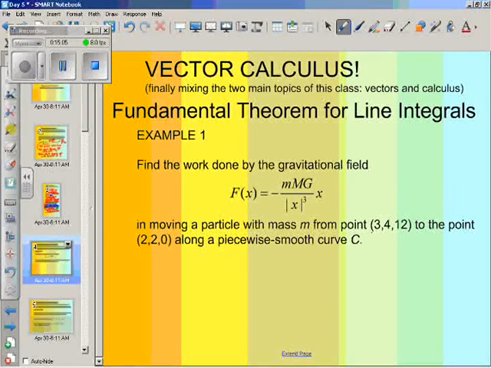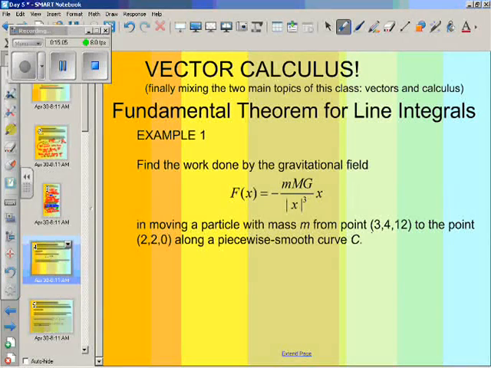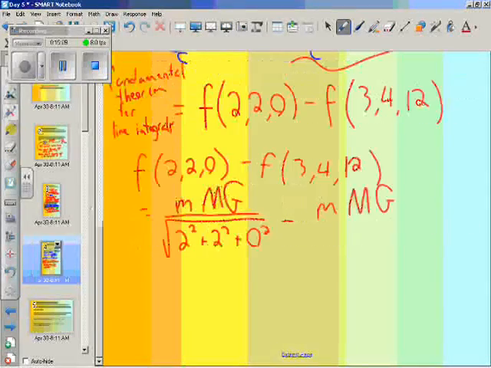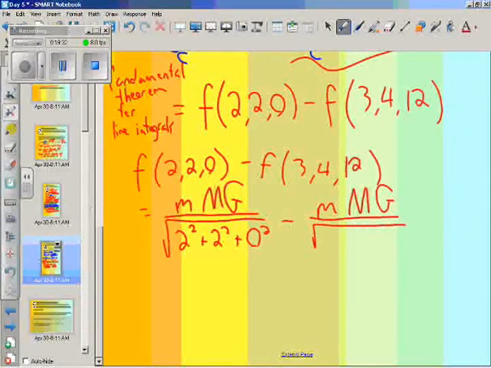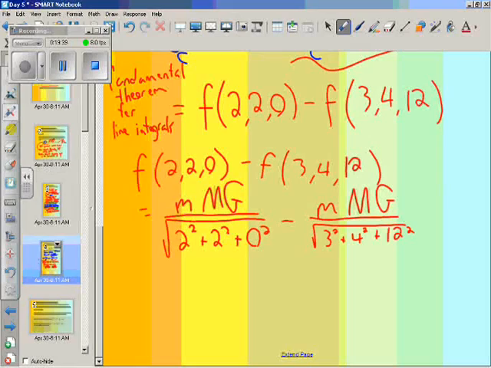Okay? So f of 2, 2, 0 minus f of 3, 4, 12 is going to be equal to little m times big M times G, all divided by the square root of 2 squared plus 2 squared plus 0 squared, minus little m times big M times G over the square root of 3 squared plus 4 squared plus 12 squared.